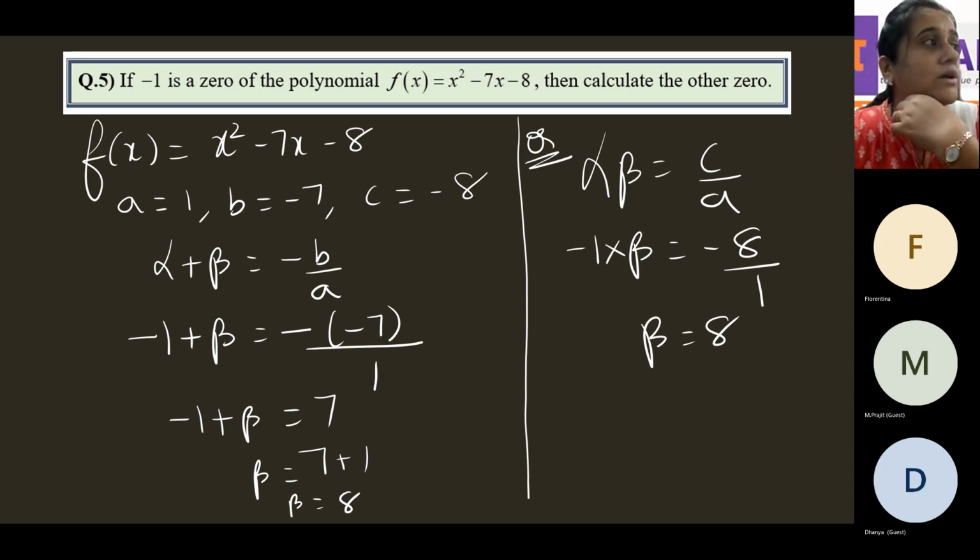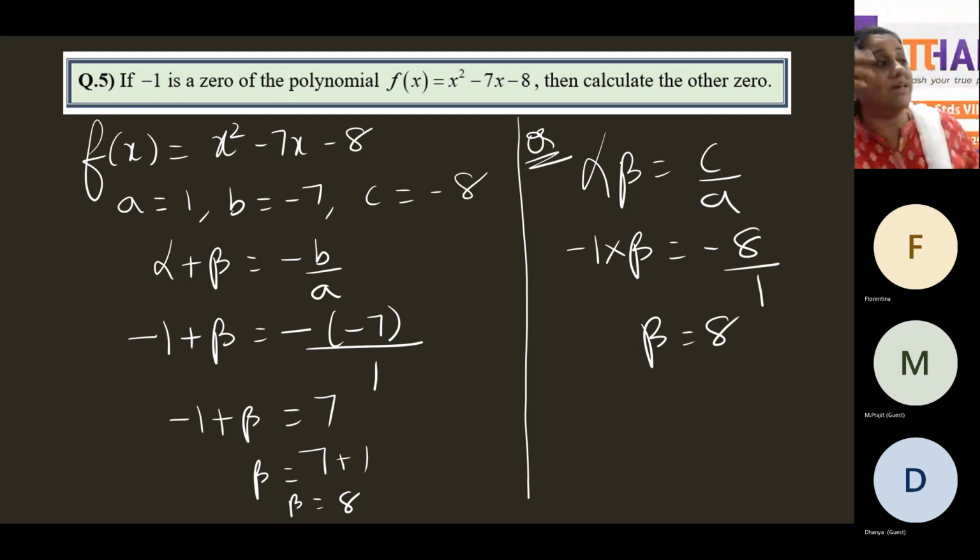F of -1 is 0, you'll get. You can't find any value. If supposing there was an unknown like k or something, then you can substitute and you'll get the value of that k. Here there is no unknown. If you substitute -1 in x, everything becomes a number.